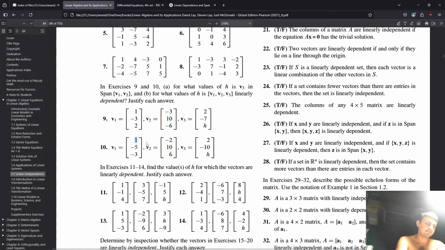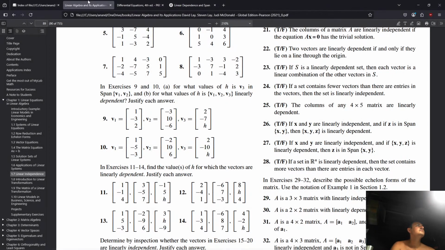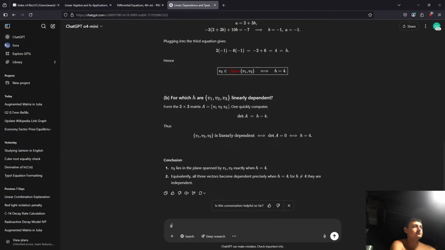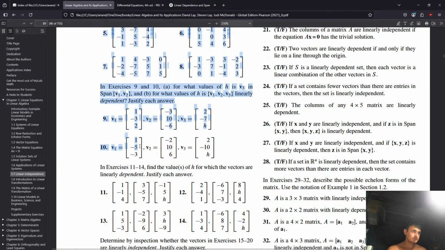Most likely. But you see here, look at this one. Maybe we'll do 10. 10 is interesting because V1 and V2 are already linearly dependent. So that means that there's going to be... Alright, so let's just get the matrix for this one. Alright, and so the idea here is x2 is going to be free.